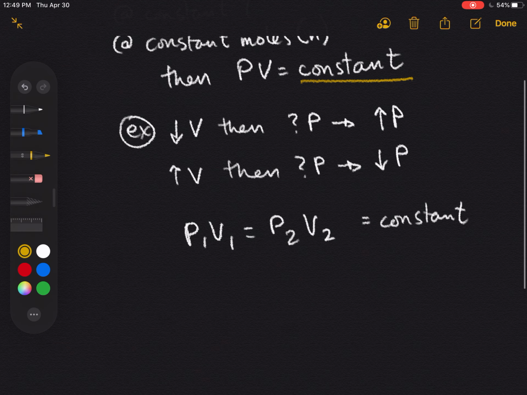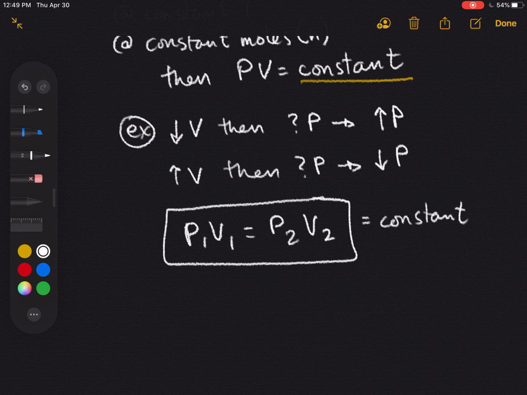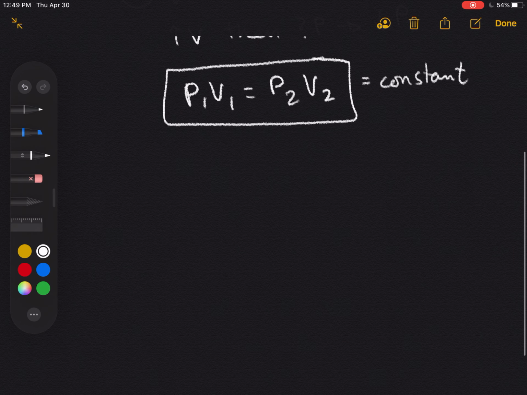Boyle's law is written mathematically like this, and this is what we're going to use to solve problems. What this is saying is that you can take one instance of pressure and volume and compare it to another instance of pressure and volume and multiply those together. That product is going to equal the same value for this gas that we're looking at. Okay, so let's look at an example.